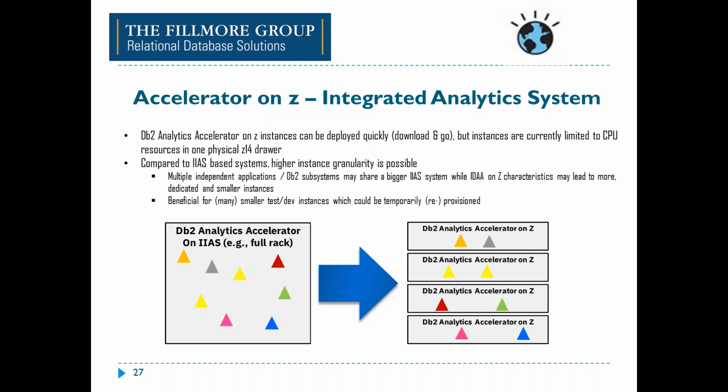The IDAA that's running on the IIAS is constrained, of course, by the processors and the memory and the storage that come bundled in that appliance. However, one important thing to understand in comparing the two form factors is that unlike the Netezza, you can field upgrade your IIAS.